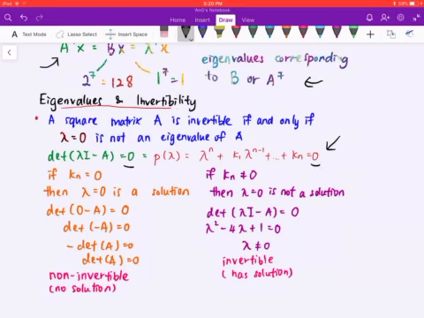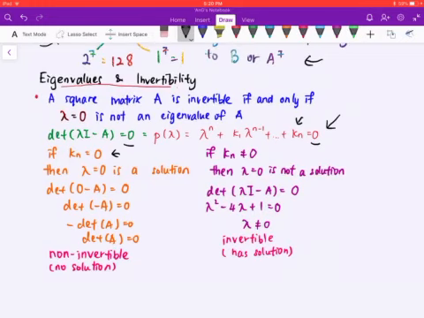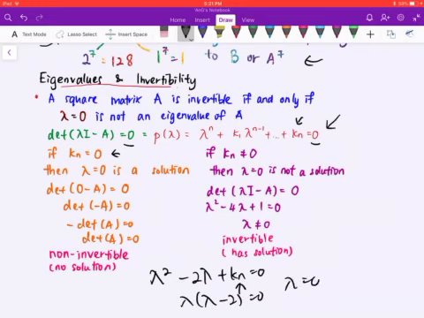Now let's look at this case. If the constant here is 0, most probably you'll end up with something like this. Let's imagine your original equation is lambda squared minus 2 lambda plus k_n equals 0. If this k_n is 0, you can factorize out the lambda here, and lambda equals 0 is a solution.